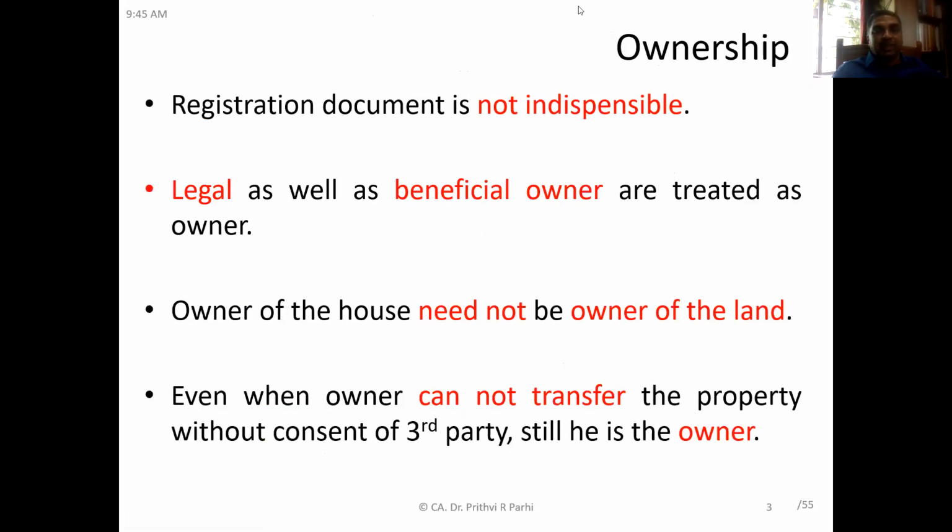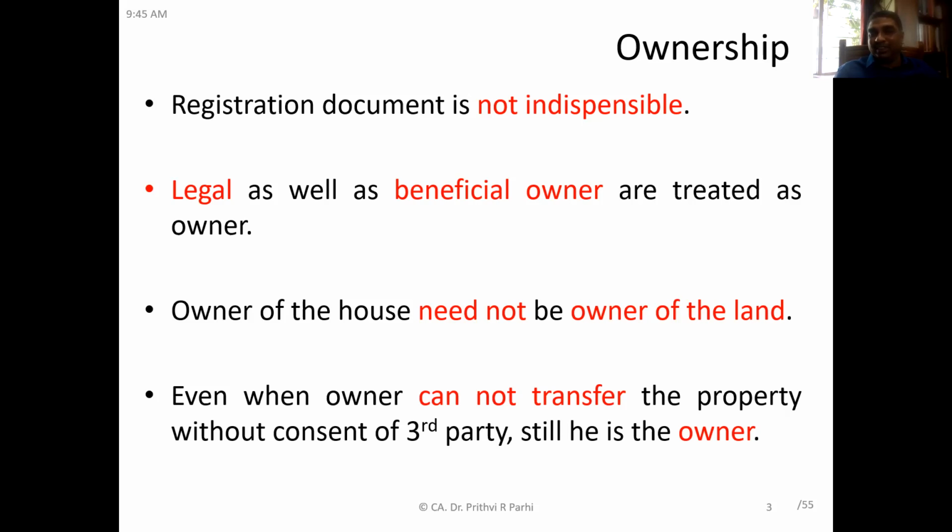Now, since we are always focusing on the interpretation of the law, trying to understand the principle of the law, certain related points we also need to discuss as regards ownership. Income tax law has said that ownership is a must, but it is not necessary that the person should be a registered owner. That means a registration document is not indispensable.